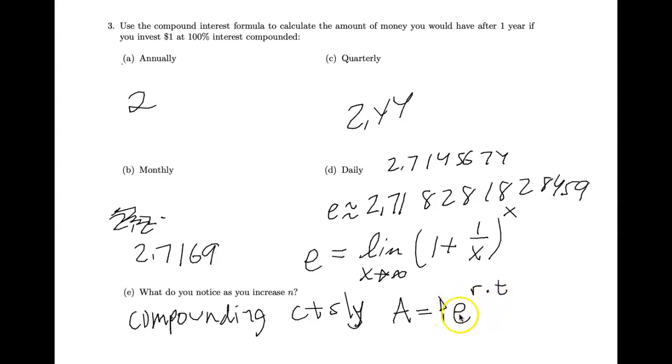This part was the same as this. Since it goes to e, we're replacing it because n is so large that we're compounding continuously. So when you see the words compounded continuously, we use this formula. If the phrasing of the problem says compounding monthly, then you're going to use the other formula.